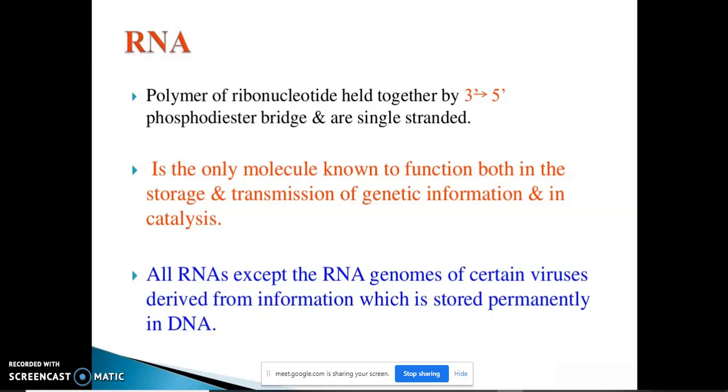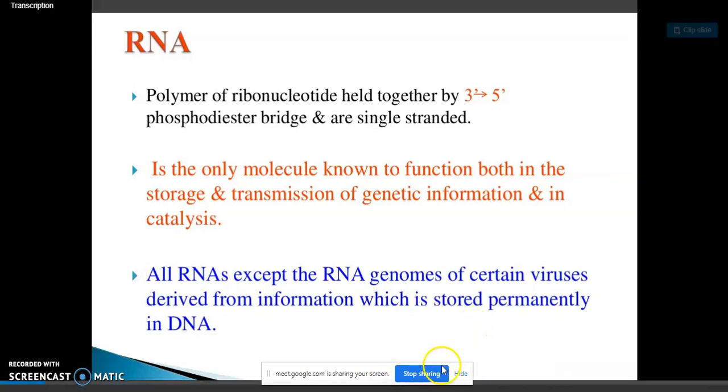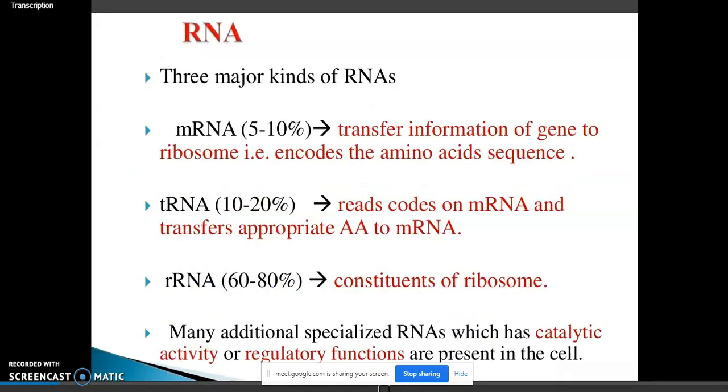All RNAs, except the RNA genomes of certain viruses, are derived from information which is stored permanently in DNA. So mostly the RNAs are expressed based on the DNA template. These are different kinds of RNA, that is mRNA, tRNA, rRNA. They perform various functions.